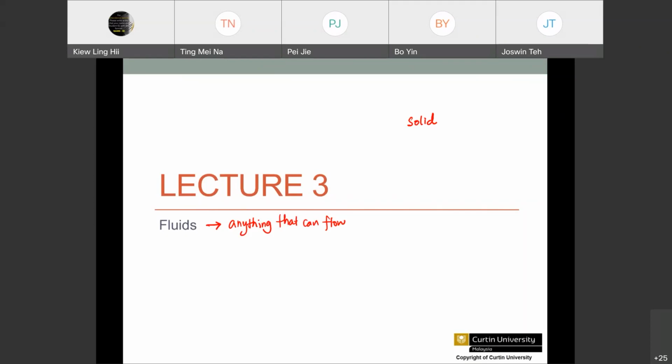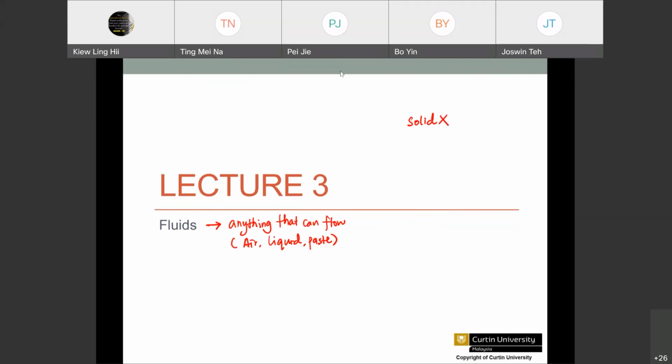So the example of fluid can be air, liquid, or paste. The paste is just like the dough that you make when you want to bake cake, right? When you mix all the flour together and you get something paste-like. So this is also fluids. As long as it can flow, then that is fluids.